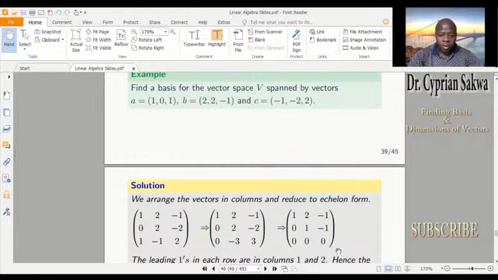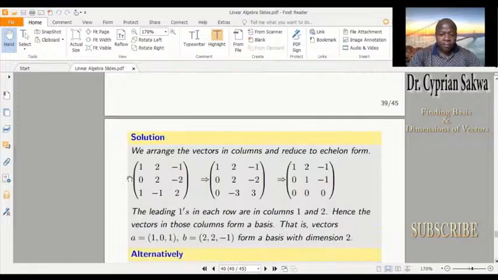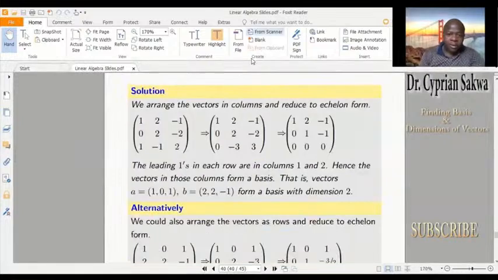So we know how to reduce this to echelon form, and I'll just remind you what we used to do. We already have a 0 in this position, and that is very okay. So I want a 0 in this other position.